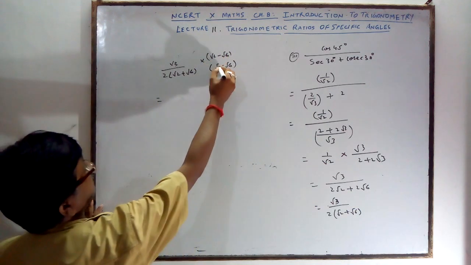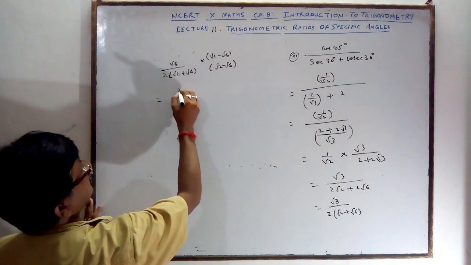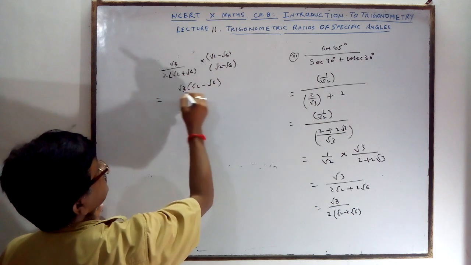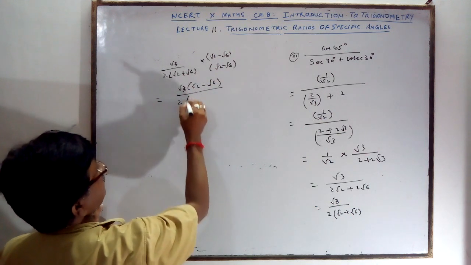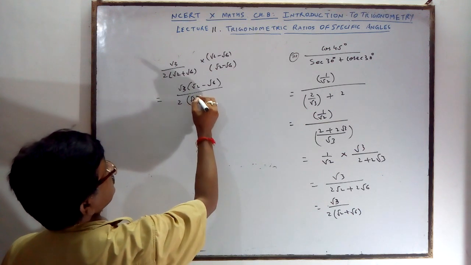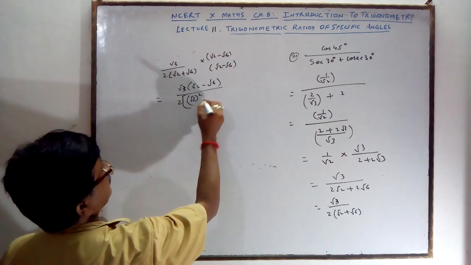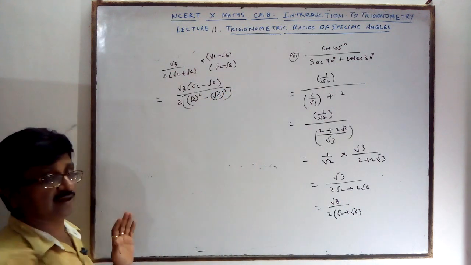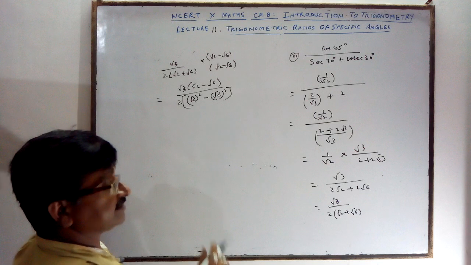So you are getting root 3 (root 2 minus root 6) in the numerator, and here root 2 into root 2, root 2 square minus root 6 square, by the identity a plus b, a minus b.